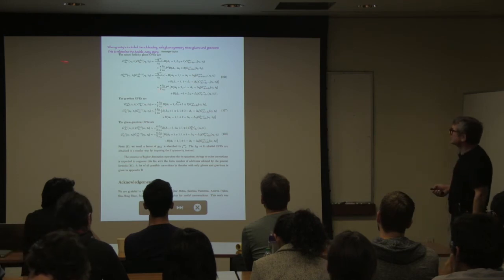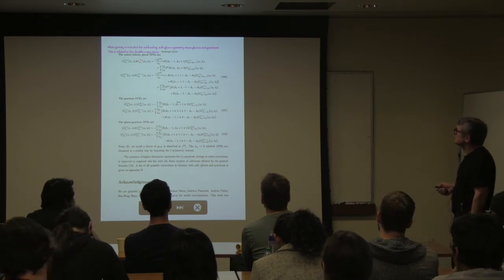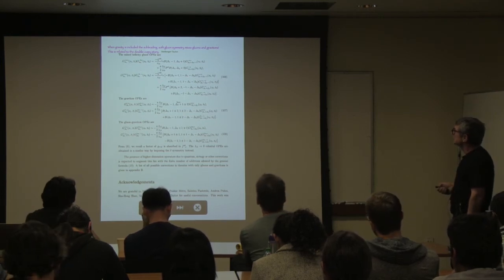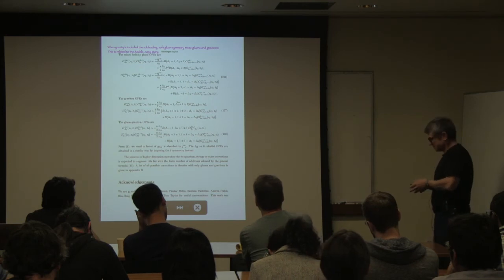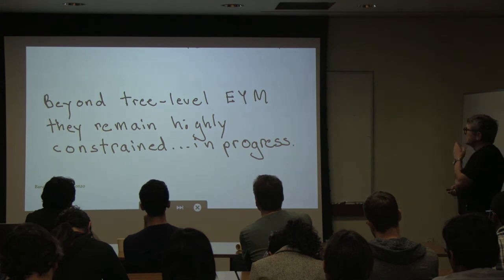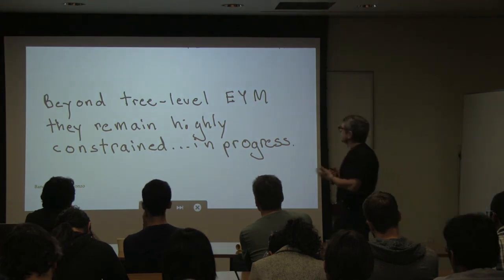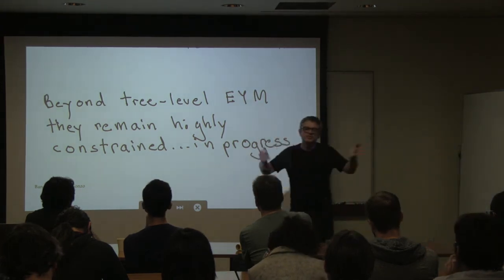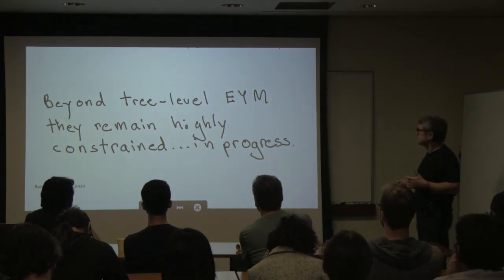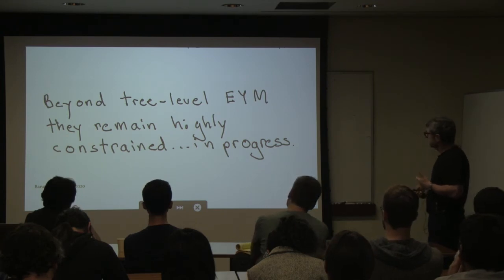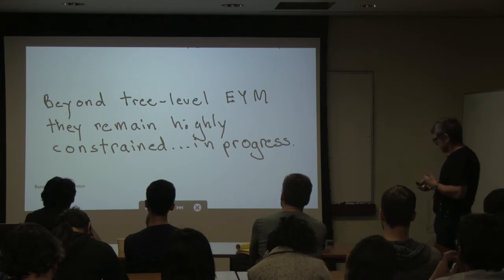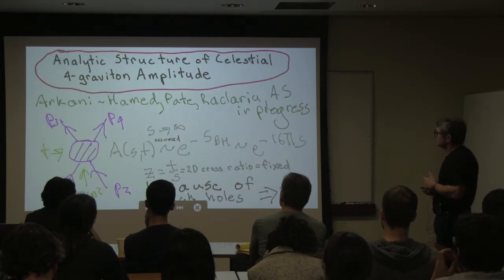Here we have these operator products of gluons making gravitons. Okay, now we only analyzed the tree-level Einstein-Yang-Mills, but the symmetries are exact statements about the theory, and so they remain highly constrained. And there's a recent paper with some progress in this direction by that group.